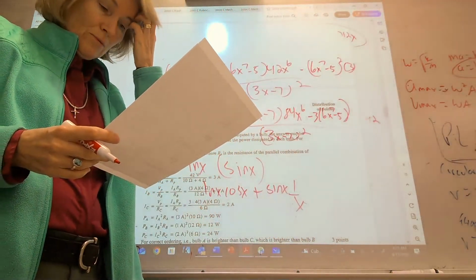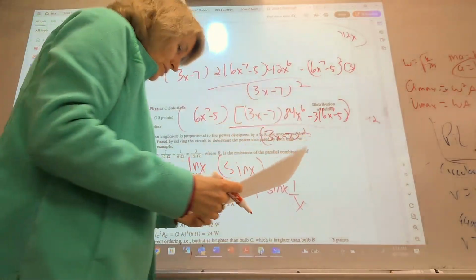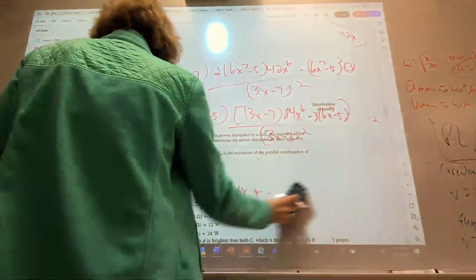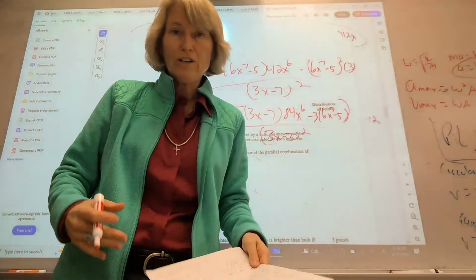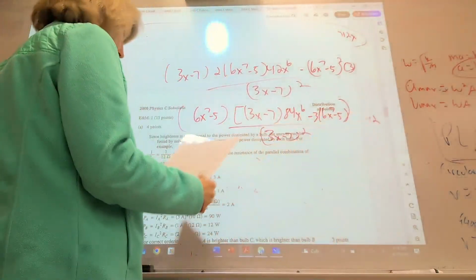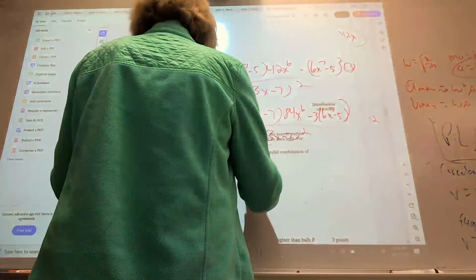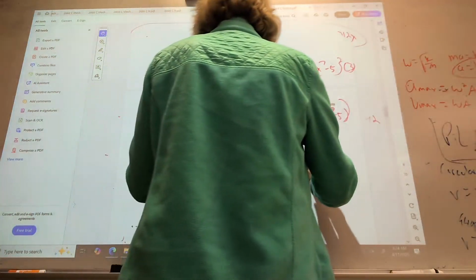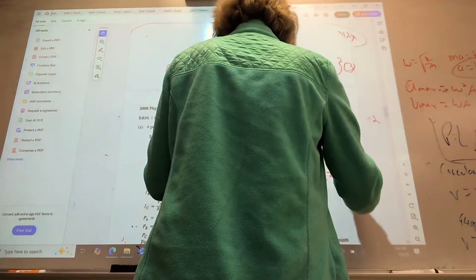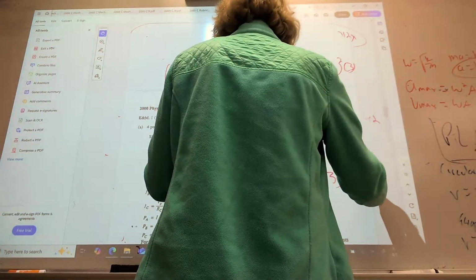Okay, now the next one is, again, the product rule and the chain rule. So I'm making the product rule pretty hard here, because I want you to understand both. So we have the first, 5x cubed minus 1 to the 4th, times the derivative of the second, 3 times 2x to the fourth minus 3 quantity squared, times the derivative of what's inside.